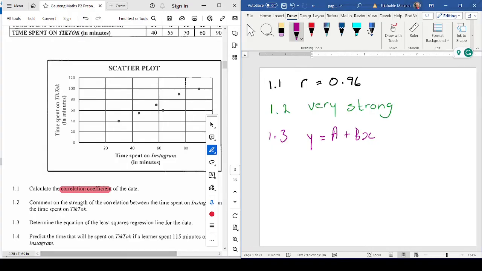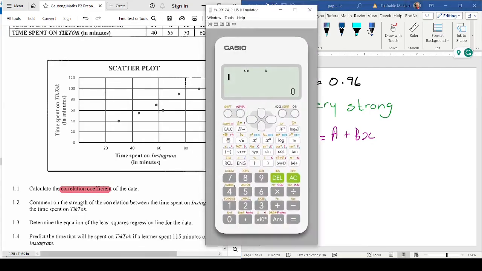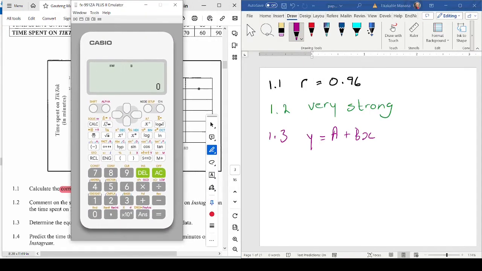It's a regression line. Okay, so now let's go to our calculator. Let's look for our value of a. So we go shift 1, regression information. Again, we're looking for the value of a, which is number 1. Press 1. Don't forget to press equals. So now we have that y is equal to, the value of a is actually 8.12 if I'm just taking 2 decimal places, plus, let's go look for the value of b.